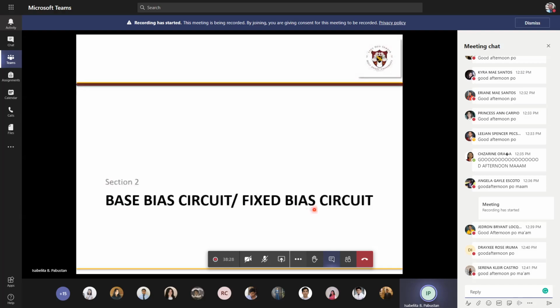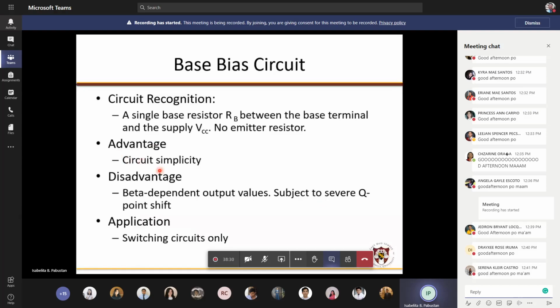Ano pa yung sinasabi? Advantage, circuit simplicity. Disadvantage, it is a beta-dependent output value. Ano? So, this will be subjected to severe Q point shift. Ano? This is applied for switching circuits. Ano?